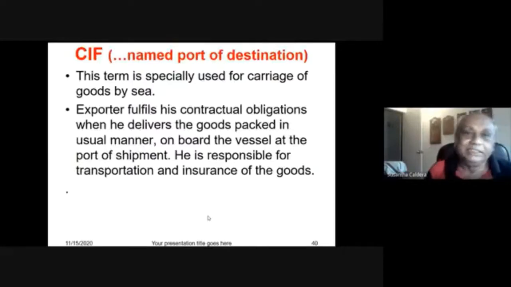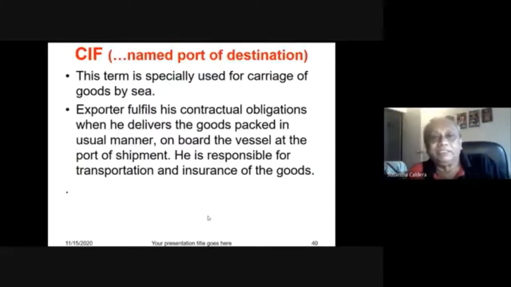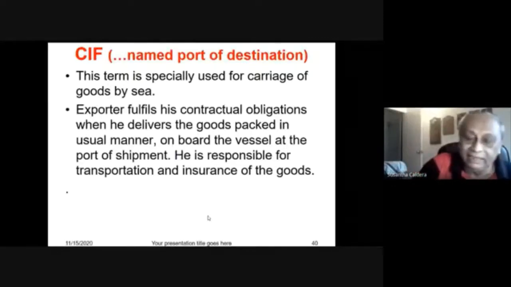CIF, this term is specially used for carriage of goods by sea. Right? The exporter fulfills his contractual obligations when he delivers the goods packed in the usual manner on board the vessel at the port of shipment. He is responsible for transportation and insurance of the goods. Right?